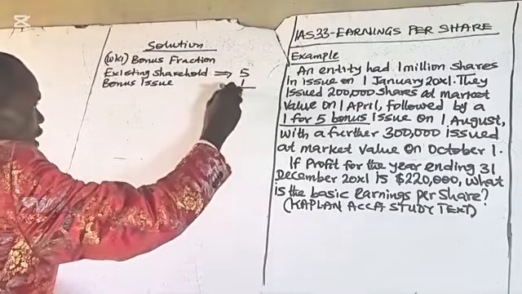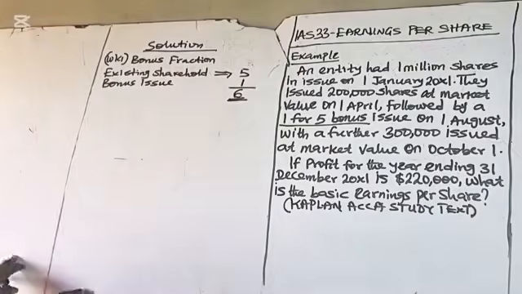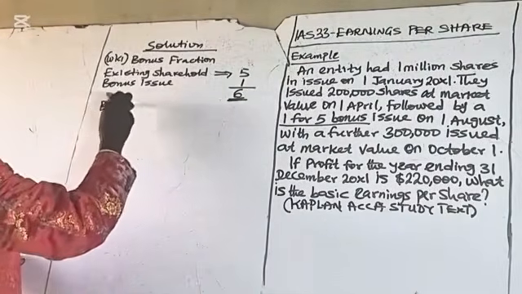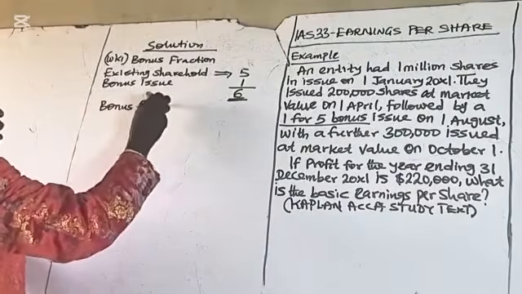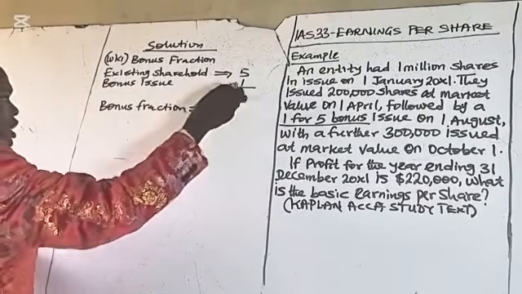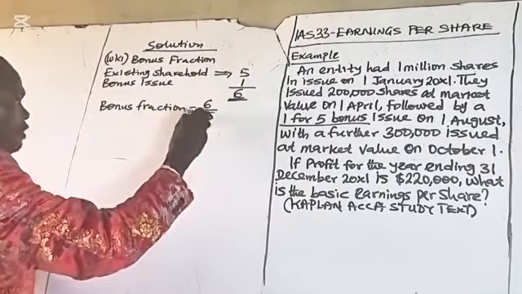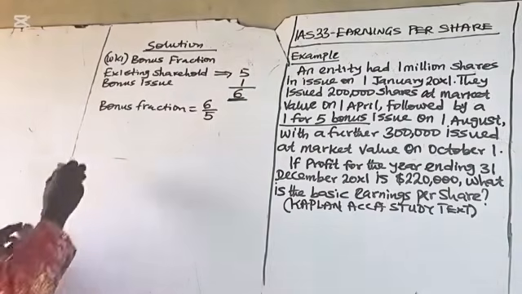Therefore, the total shares after bonus issue becomes 6. Therefore, the bonus fraction will be 6/5. That is working number 1.